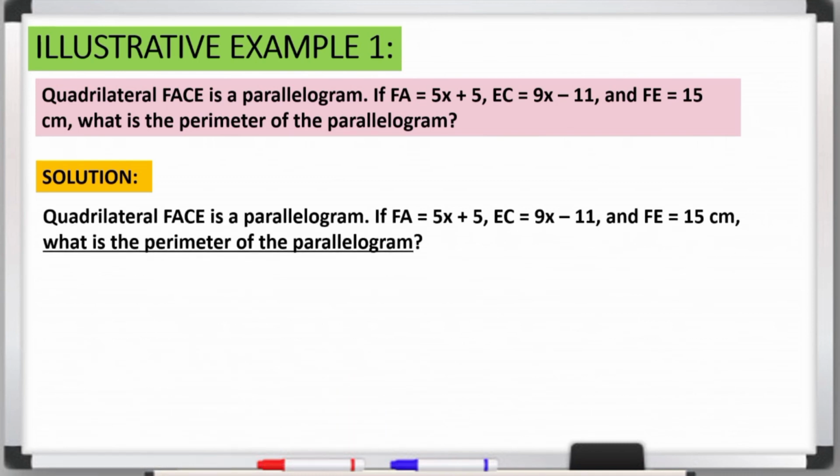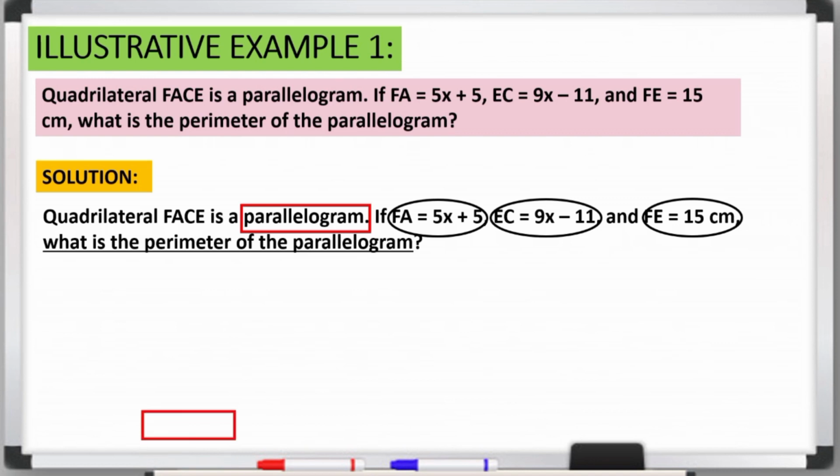In this problem, let us box all mathematics keywords, circle all the given important numbers, and underline what is asked. Okay. We box parallelogram, circle FA, EC, and FE, then box the perimeter. Then we underline what is the perimeter of the parallelogram.